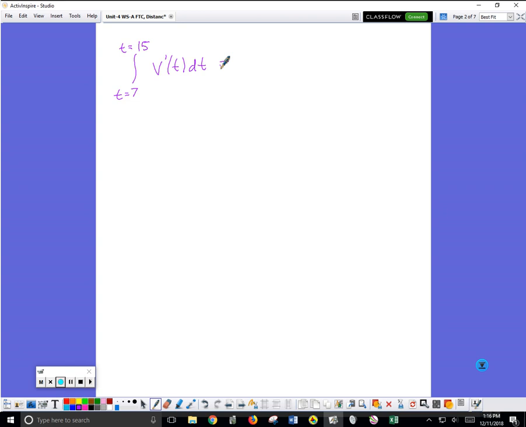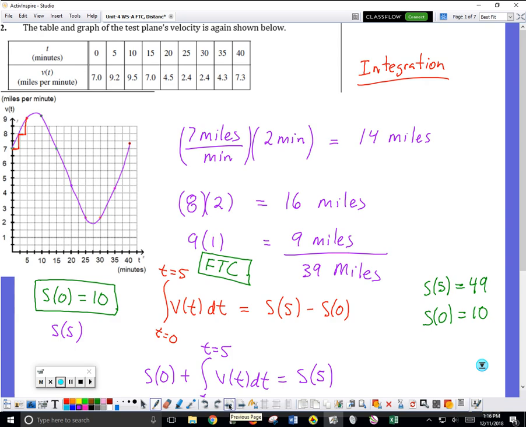The symbol v prime represents the rate at which the velocity is changing. So according to the fundamental theorem of calculus, who knows what gets written here? I'm trying to get you to connect what's really being said here with a new application. Here we're integrating the rate at which position changes, and the integral calculates the total amount of change in the position during that time period.